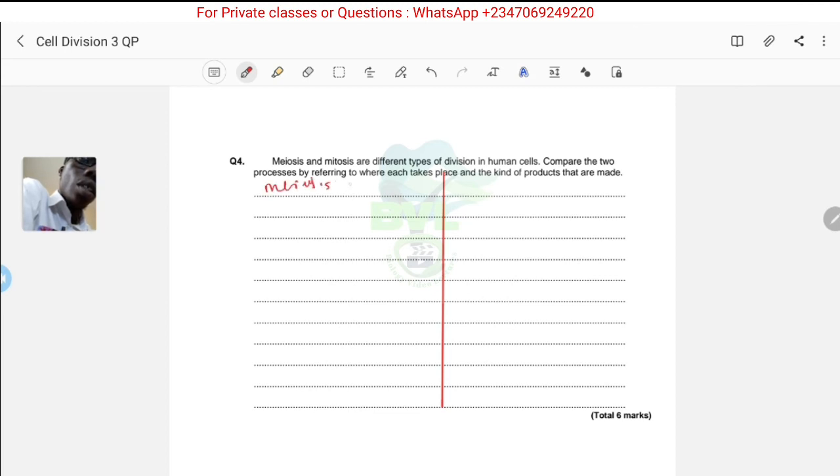Meiosis takes place in gametes, while mitosis takes place in somatic, or you say body cells.